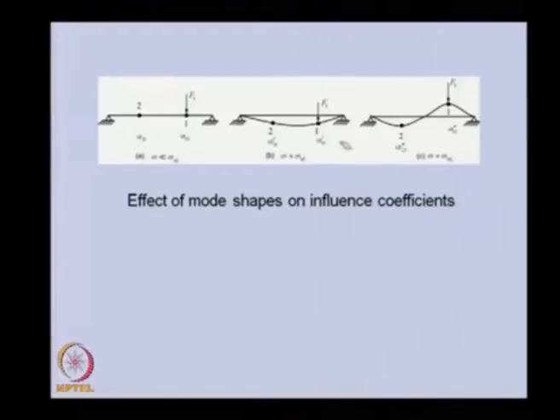So this figure illustrates how the influence coefficient differs for different speeds, especially at different modes, and we need to calculate these influence coefficients for all such speeds or modes of operation in which we want to operate the rotor.